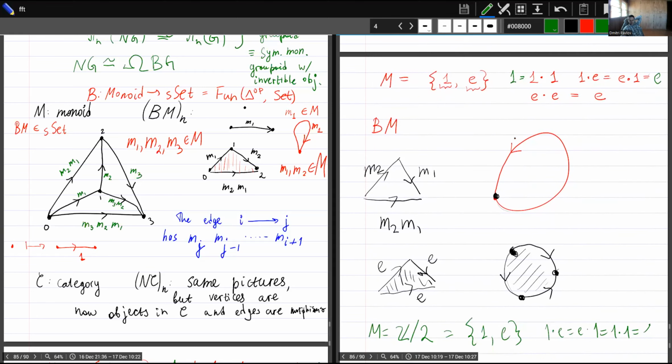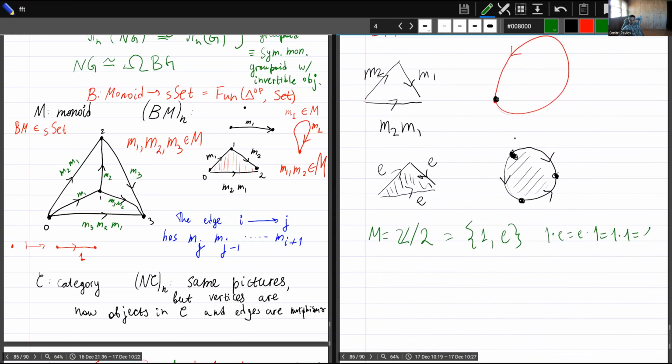Sorry about that. So this is e, 1 times 1 is 1, but e times e will be 1, right? In the group Z mod 2, 1 plus 1 equals 0 in the additive notation, or in the multiplicative notation, minus 1 times minus 1 equals 1.